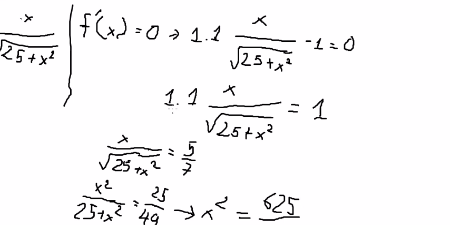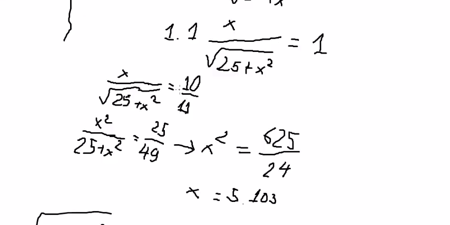We divide both sides with 1.1, and you get about 10 over 11. Later that we put the square in both sides, and this one you will get about 100 over 121.